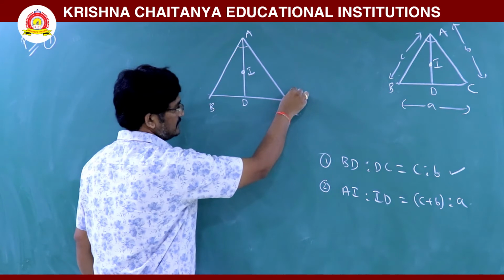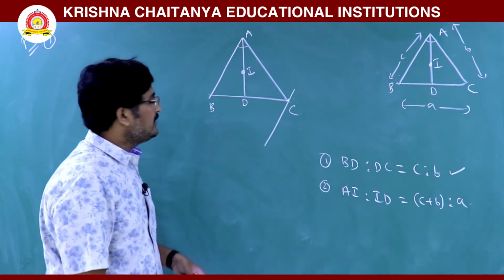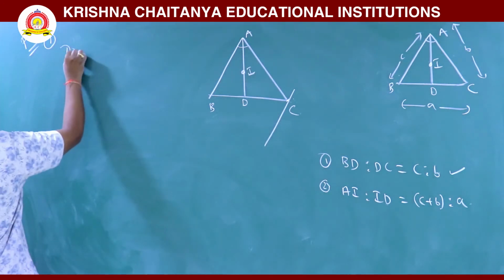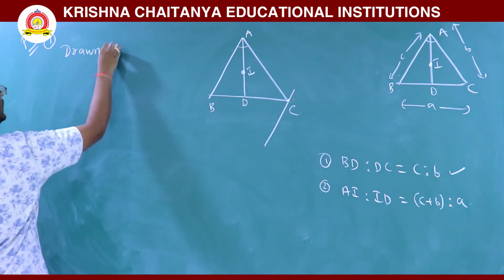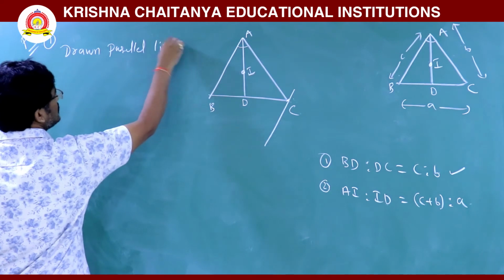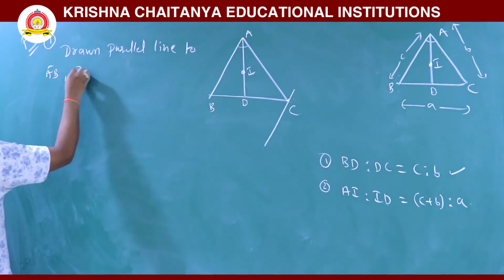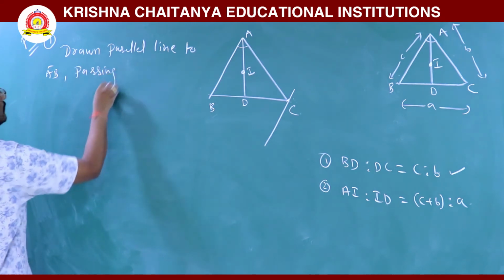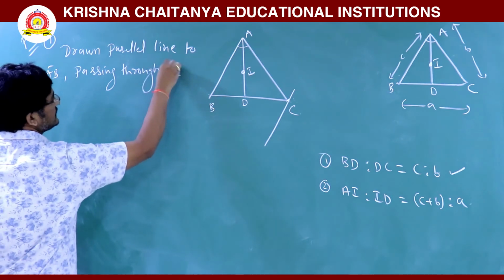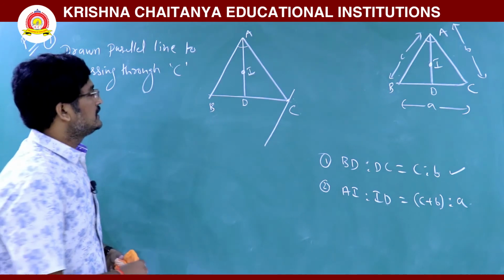This is the line drawn parallel to AB, passing through C. So this is the construction.